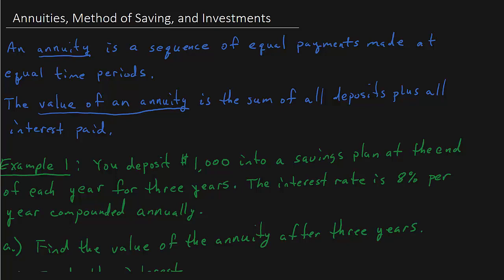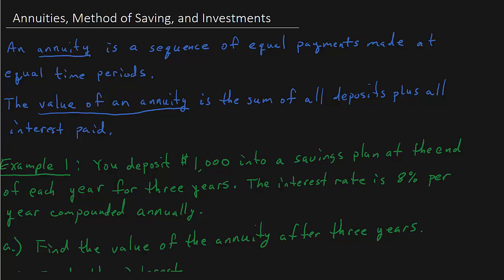So basically, what you've learned so far is you put one lump sum into an account on some certain day, and then how much are you going to have after so many years? Well, with an annuity, you're putting so much money into an account at the end of each month, like $200 at the end of each month, or $1,000 at the end of each year, or every 6 months or every week.